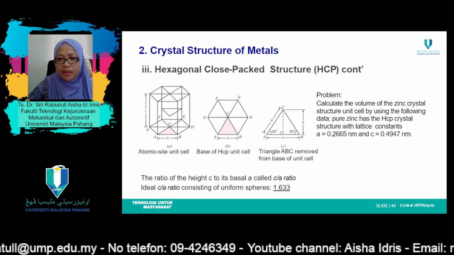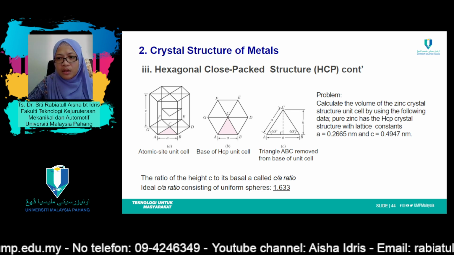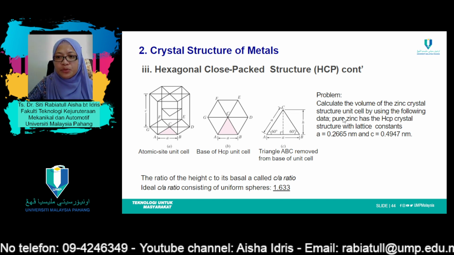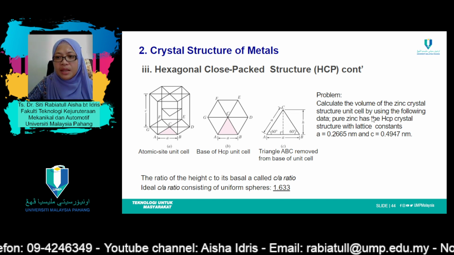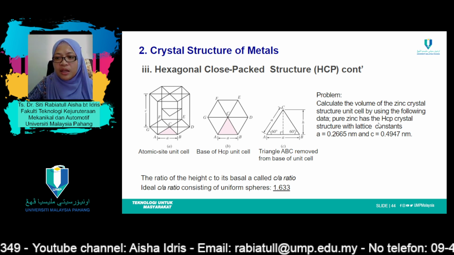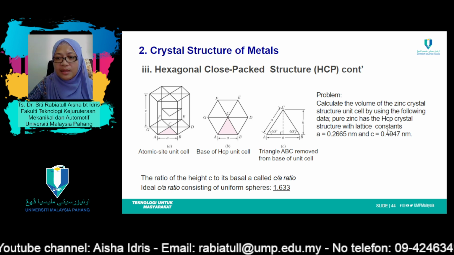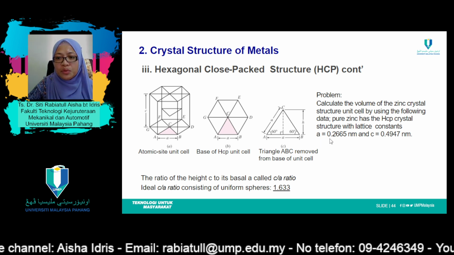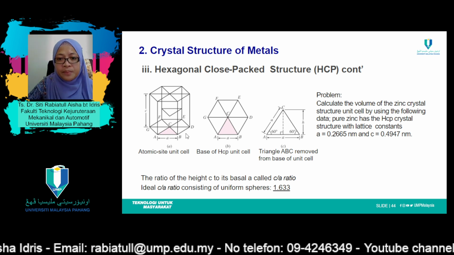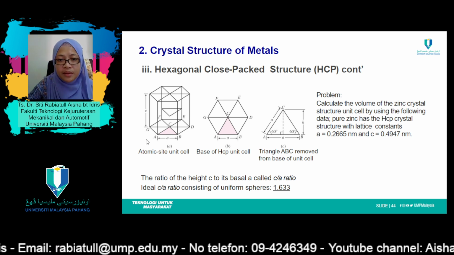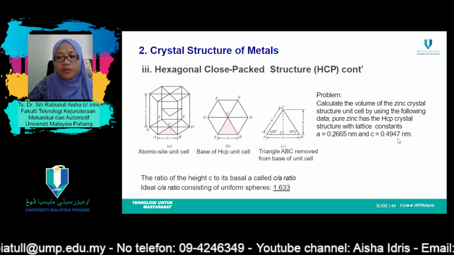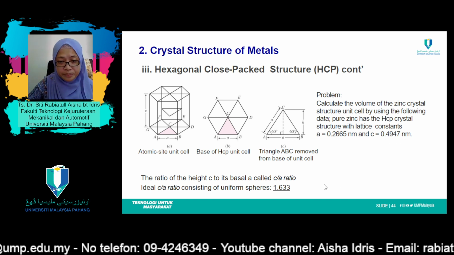Now let's look at this example. The question asks you to calculate the volume of the zinc crystal structure in the unit cell by using the following data. Pure zinc has the HCP crystal structure with lattice constant A equals 0.2665 nanometer, and C equals 0.4947 nanometer.